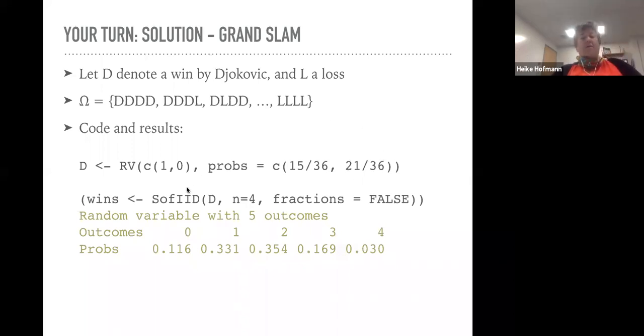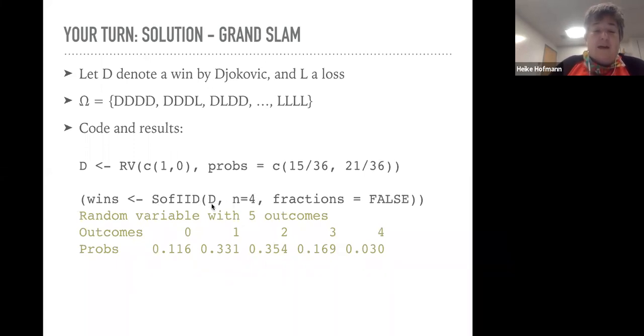So now we go and we define the result from 4 of these matches, and we just look at how many of these matches Djokovic wins. So the sum of 4 repetitions or of those 4 matches.